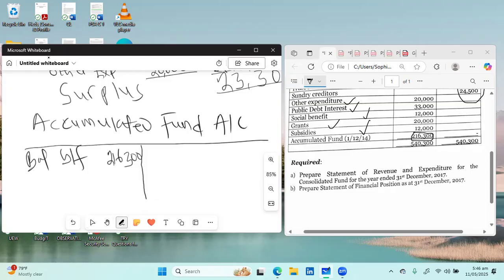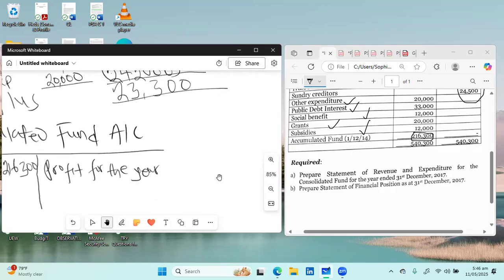Then for the current year, they made a profit. Then that one we will bring to the credit side as it is. Profit for the year. And that's how much?